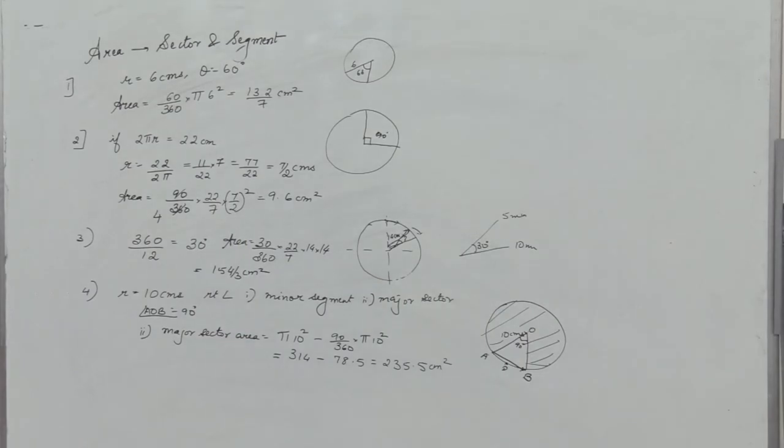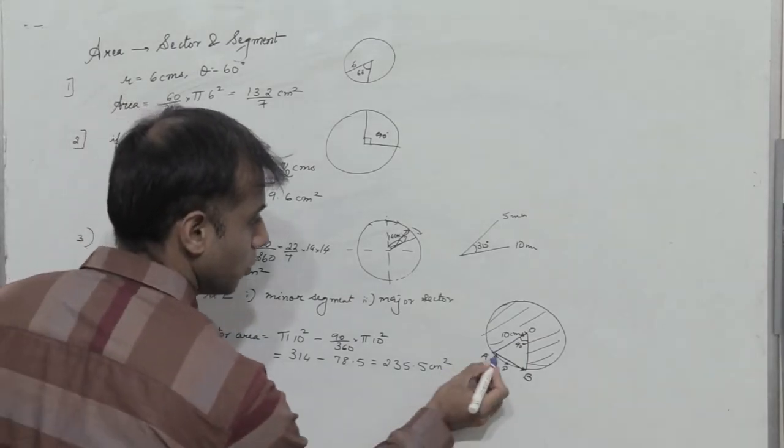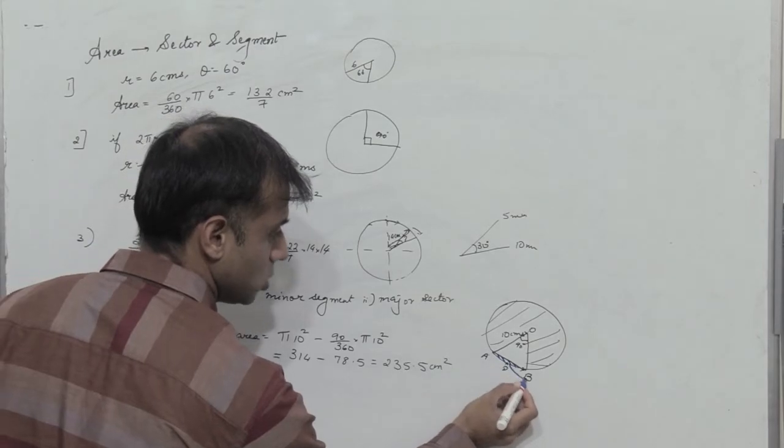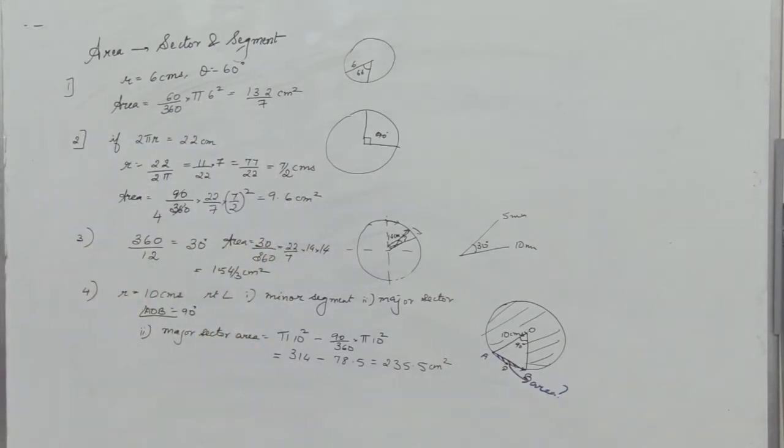So now we need to find the area of the minor segment. So let us shade this portion. If I shade this portion here, this forms the minor segment, so this is the area that has to be found.